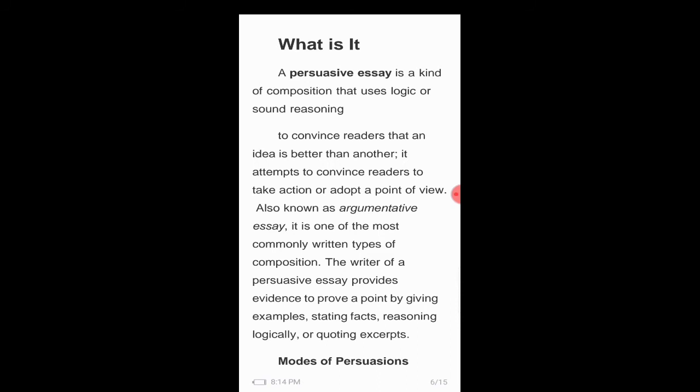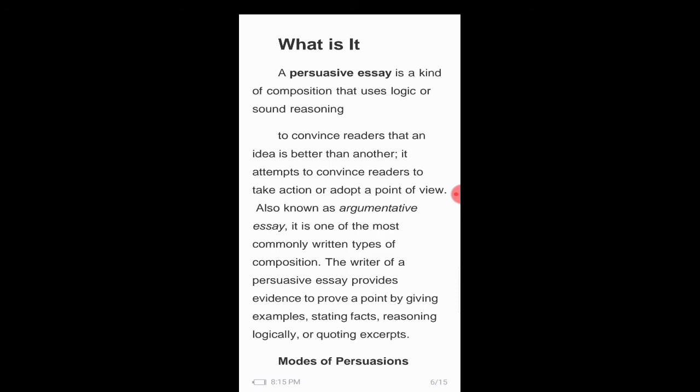So, class, a persuasive essay is also known as an argumentative essay. It is one of the most commonly written types of composition. The writer of a persuasive essay provides evidence to prove a point by giving examples, stating facts, reasoning logically, or quoting excerpts. Okay, so a persuasive essay is different from an ordinary essay.